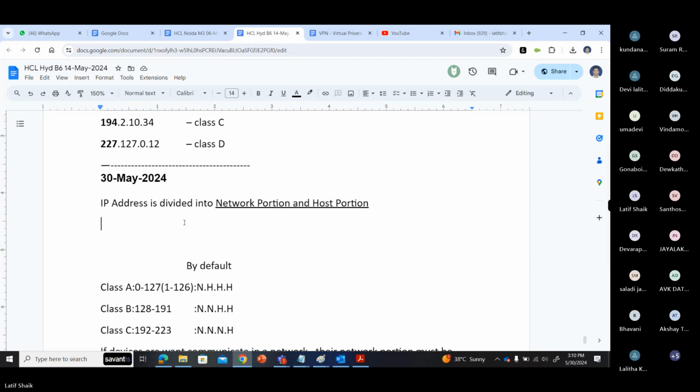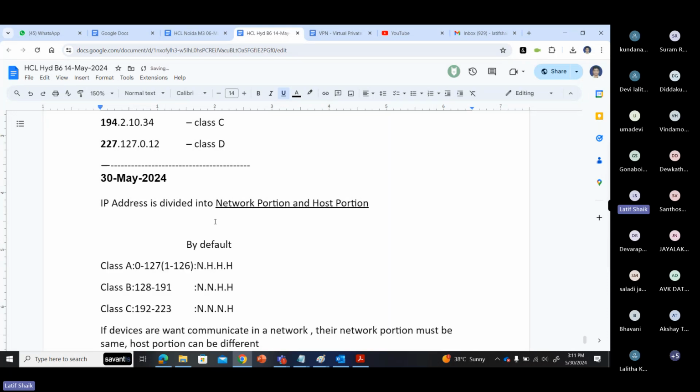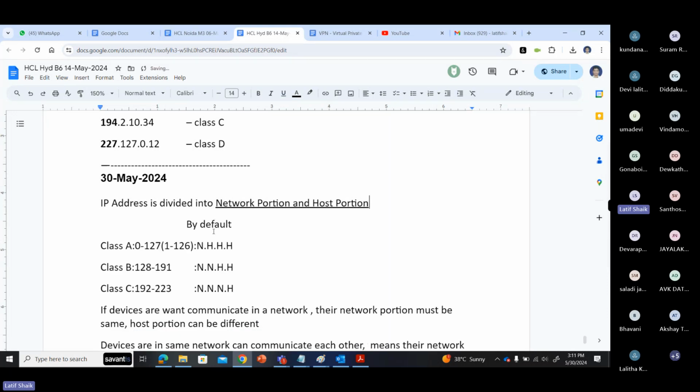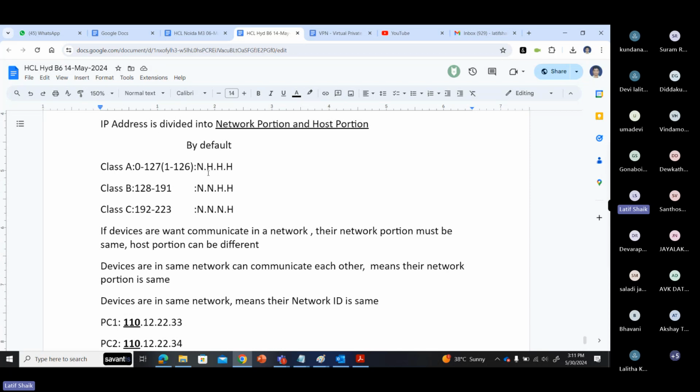Guys, once again, IP addresses are divided into a network portion and a host portion. By default, in a class A IP address, the first portion represents the network portion and the remaining represents the host portion. Why is it divided into network and host portions?